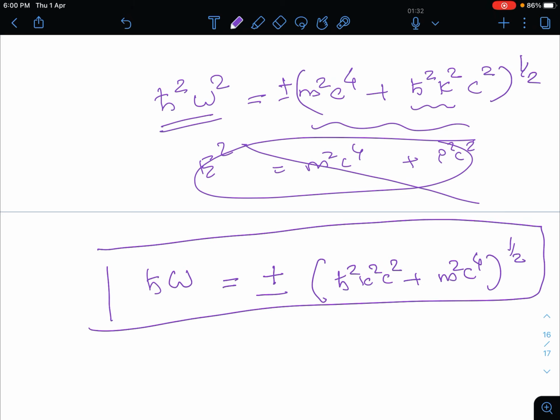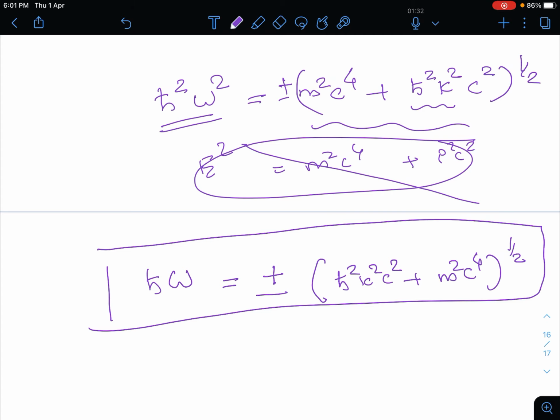This is a trouble because we know that the energy cannot be negative. So this is where the Klein-Gordon equation landed in trouble. Usually Klein and Gordon couldn't give a good, consistent explanation for this negative energy value, so they landed in trouble later on. So we have to solve it.